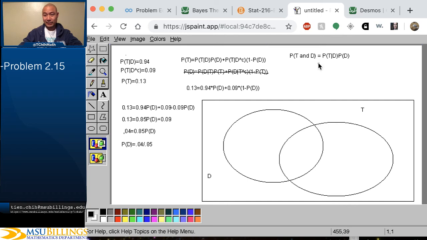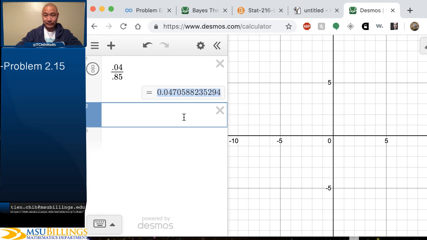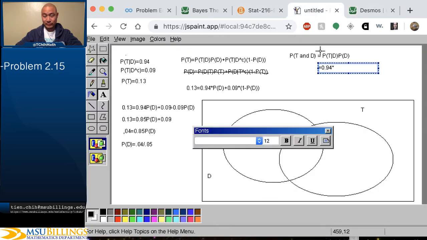So all of this is equal to 0.94 times, well, what we have here, 0.4706.